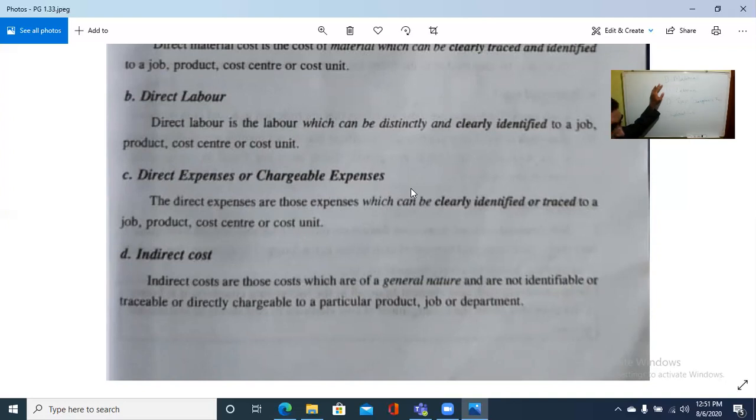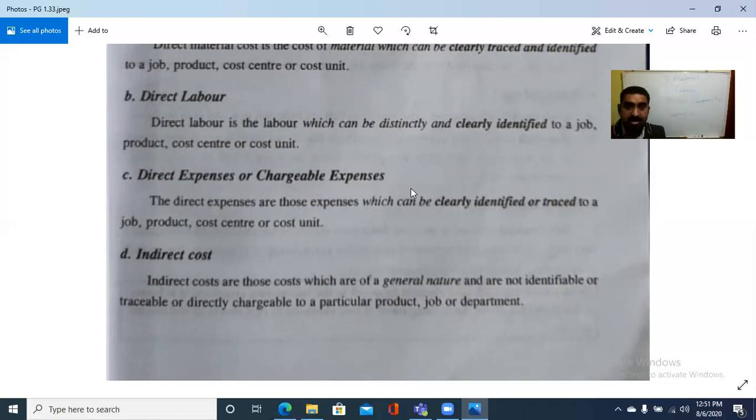Example, for preparing a table, the timber required for preparing a table, what is that? The timber. Then in the same example, the wages payable to that particular worker in forming it into a table, that is the direct labor.